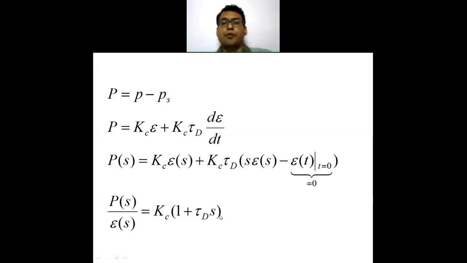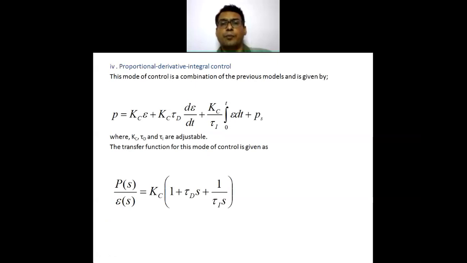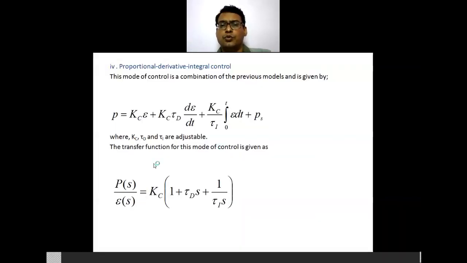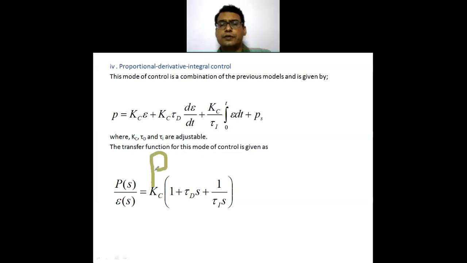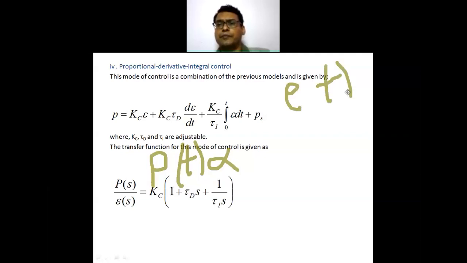Now the fourth type of controller, that is your proportional derivative and integral controller. So this is incorporating the pressure, that is Pt is directly proportional to the number 1, that is the error Et, which is the proportional part.